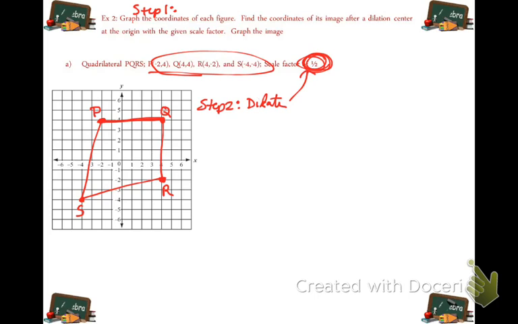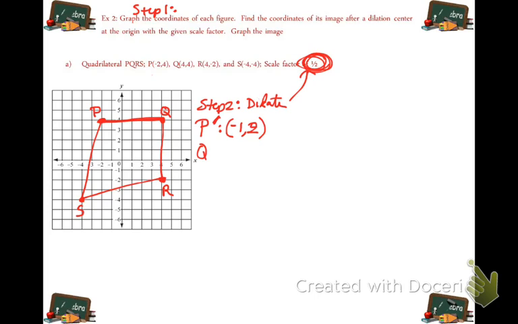Those are the numbers. So it's going to be P prime, that's what they're called, prime. Notice I put a little prime sign, that little dot, and we're going to half each number. So -2, half of -2 is -1, half of 4 is 2.